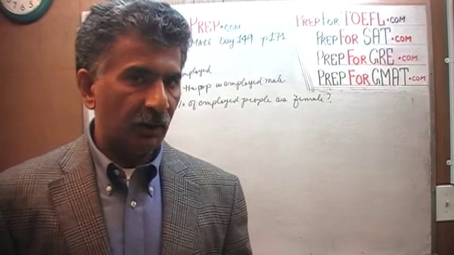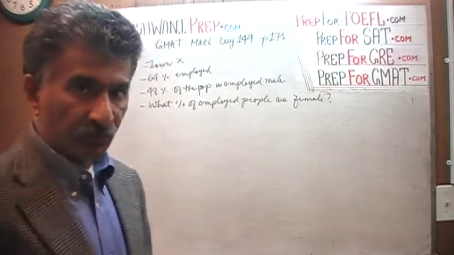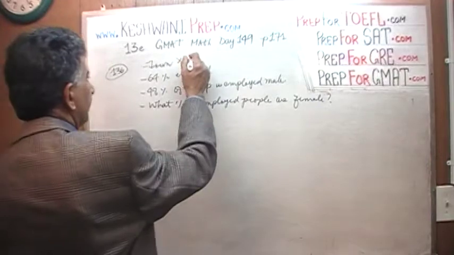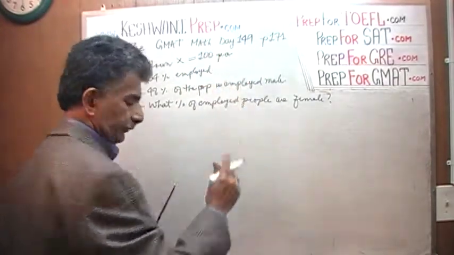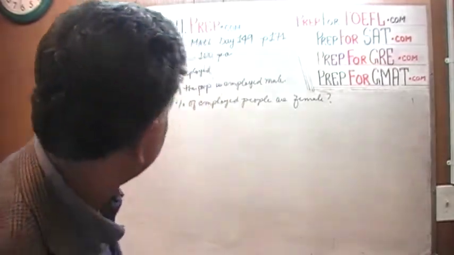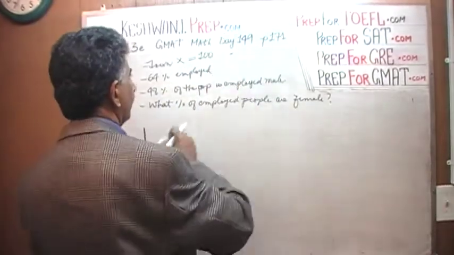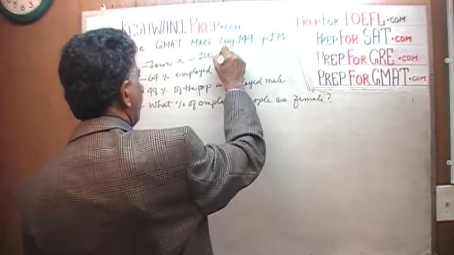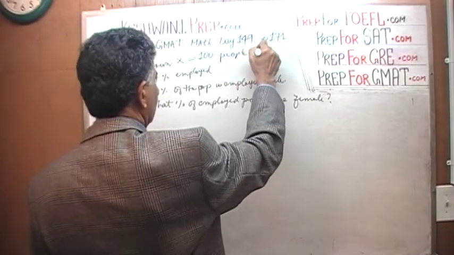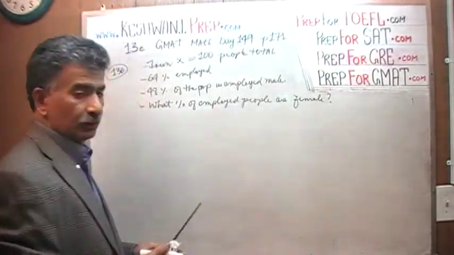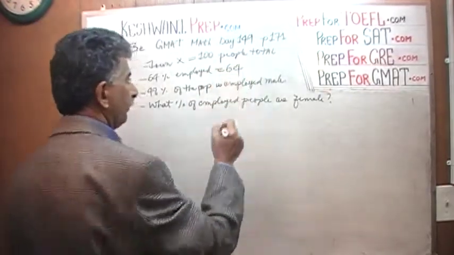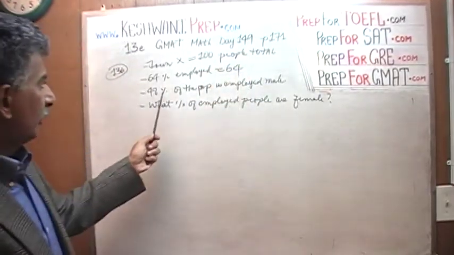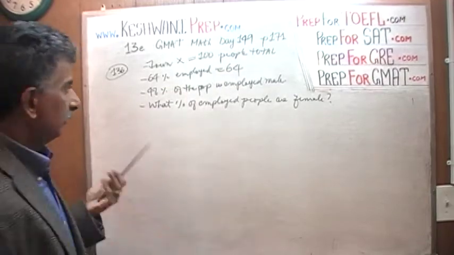So let's pretend that the town's population is 100 people total. We are told that 64% are employed, which means 64 people are employed. We are also told that 48% of the population is employed male, so that's 48.